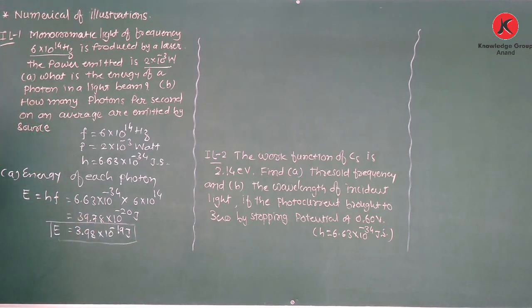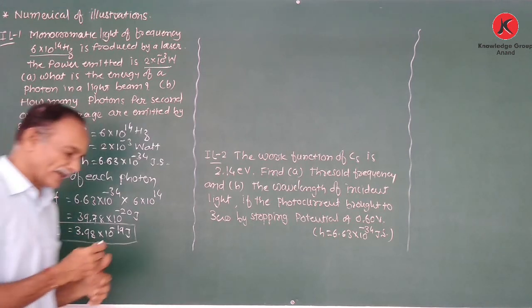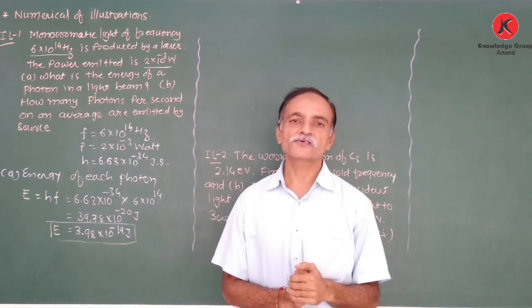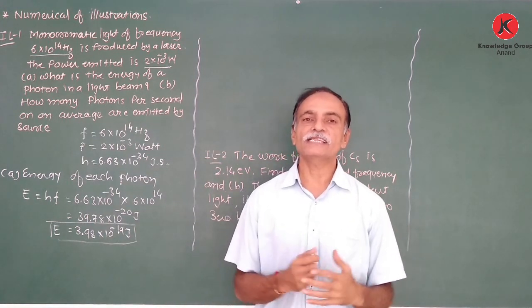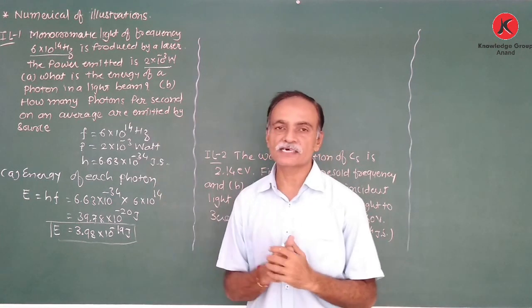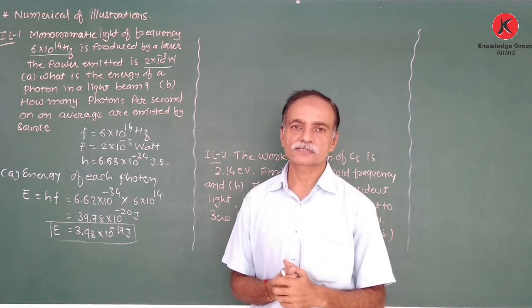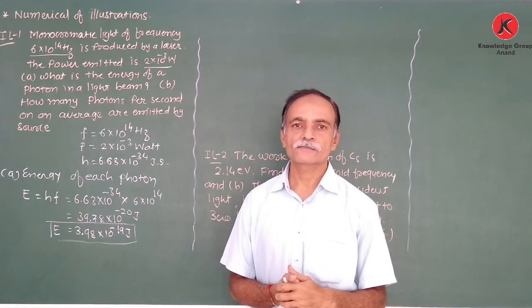Now in part B, what we have to find out is how many photons per second on an average are emitted by the source. That means we have to find the number of photons emitted by the source per second. We know that the power is given. Power is the total energy emitted by the source in unit time.